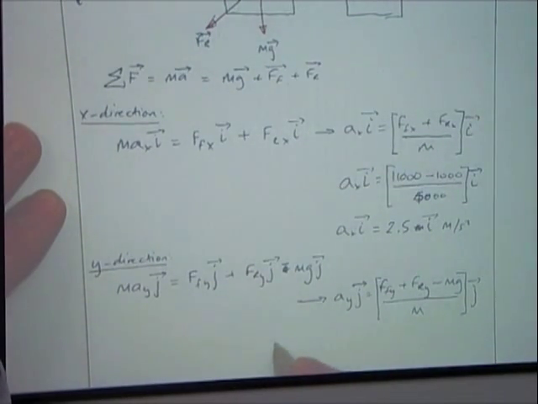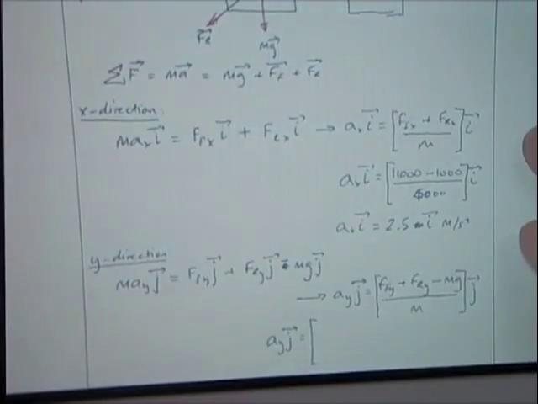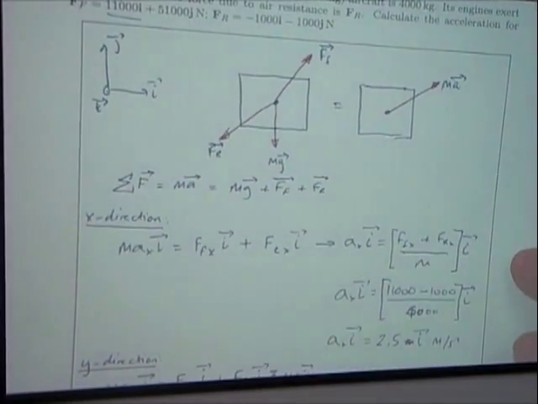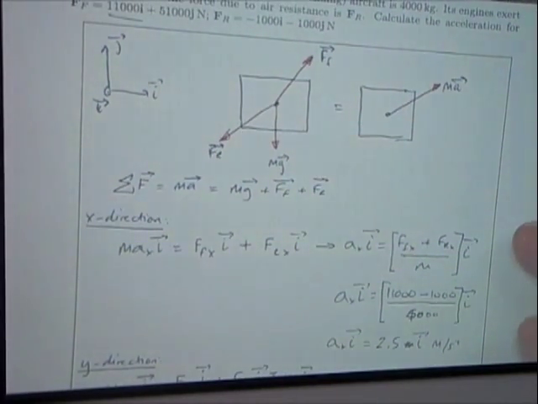And so we'll plug in the numbers again. Ay j equals. Now if you notice, the vertical component of the thrust force is 51,000 and the vertical component of the resistance force is minus 1,000.